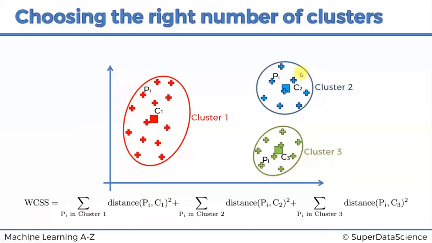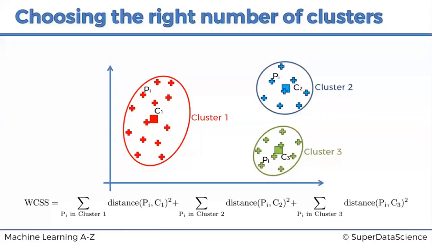So now instead of one cluster, these 2 groups of points are recognized as separate clusters, and therefore they have their own centroids, and the distance has again decreased because you can see now all of these points are closer to their own centroid than they were to the centroid which was in the middle. And again, these points are closer to this centroid overall than they were to the centroid here in the middle. So therefore, as you can see, that WCSS distance is decreasing.